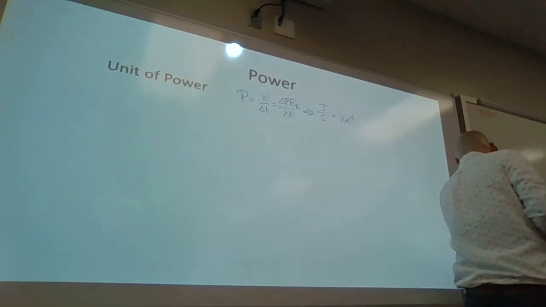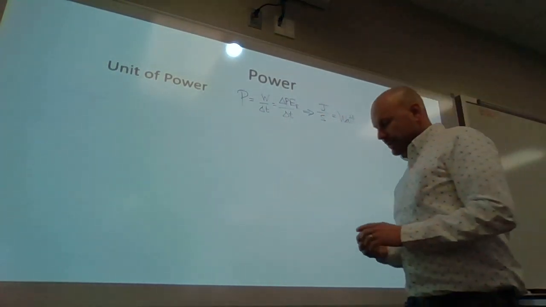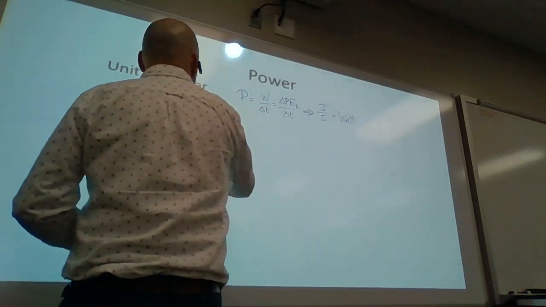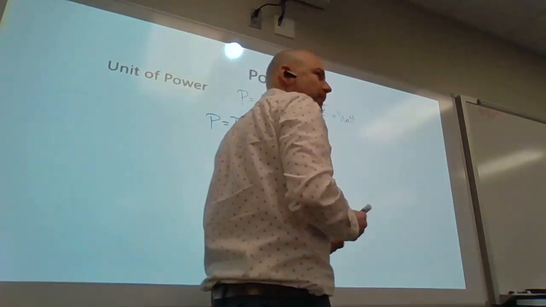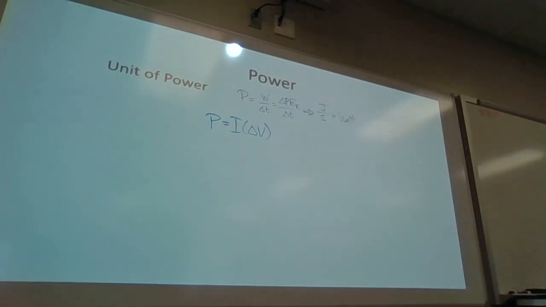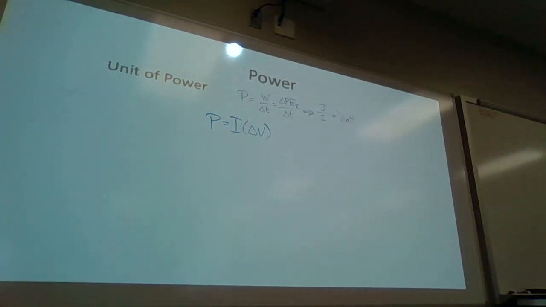But then I introduced this other equation. Power is equal to current times voltage. And I don't know if any of you thought, that doesn't make sense. Okay, we'll just go with it, sure.